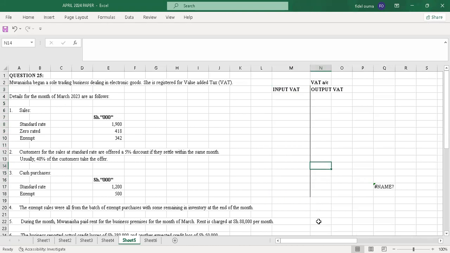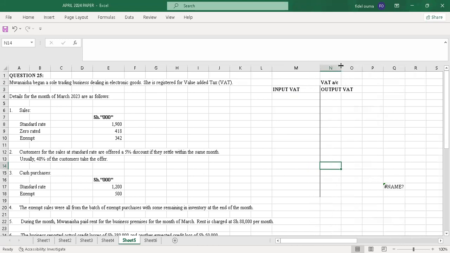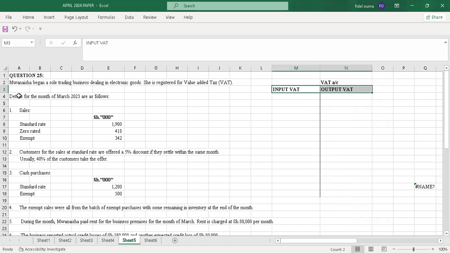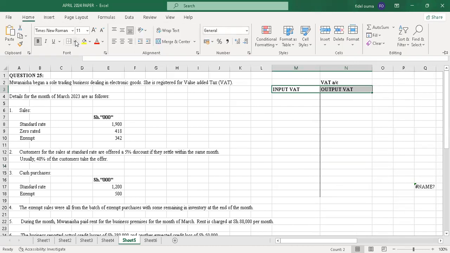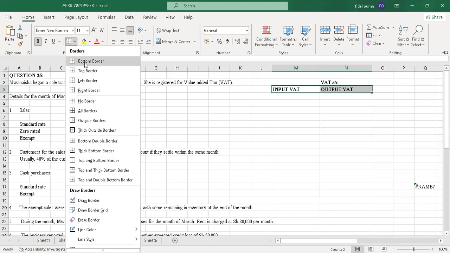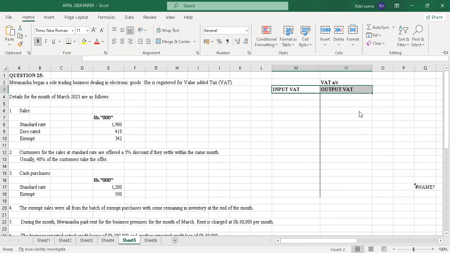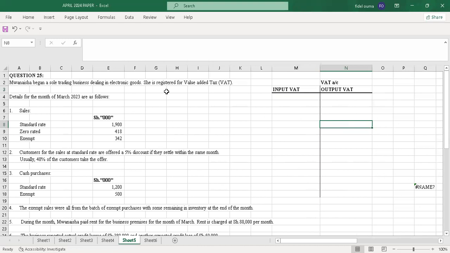You can see I've created a border there. Let me extend this a little bit. Then I'll highlight that and create a thick bottom border. So we have the input and the output VAT.